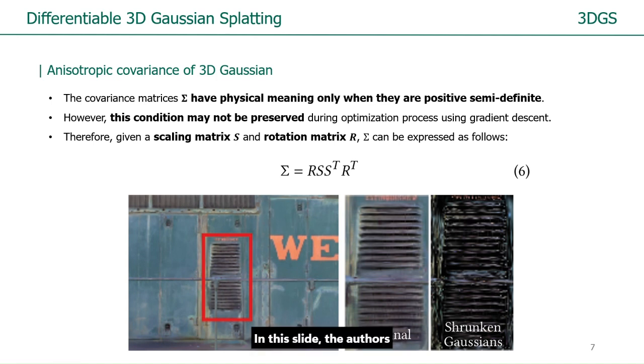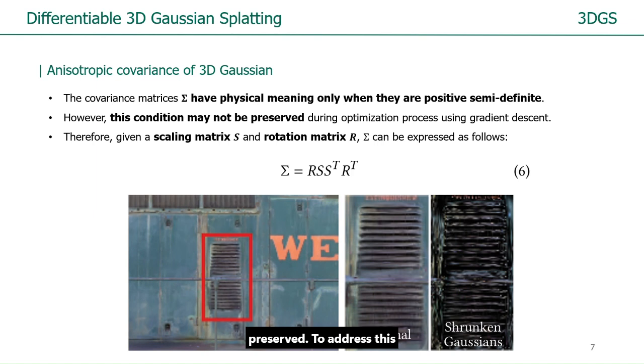In this slide, the authors explain how anisotropic covariance is represented in 3D Gaussian splatting. The covariance matrix sigma has physical meaning only when it is positive semi-definite. However, during optimization with gradient descent algorithm, this property may not always be preserved.